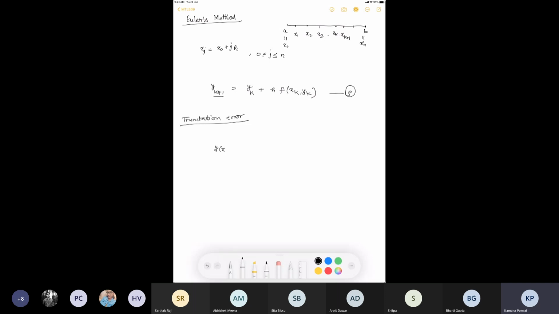So I consider y at xk plus 1, and here I have yk, so I consider y at xk, and then this term. Correspondingly, I consider xk and y at xk.